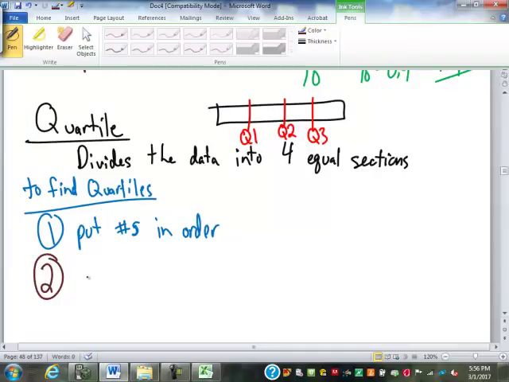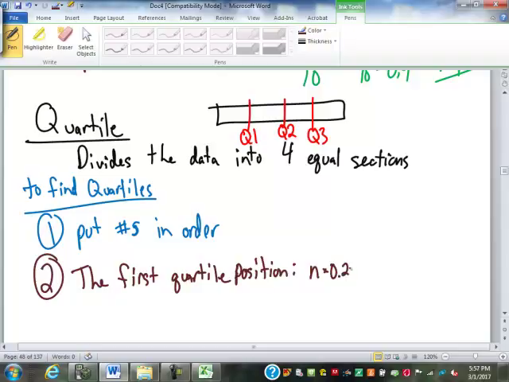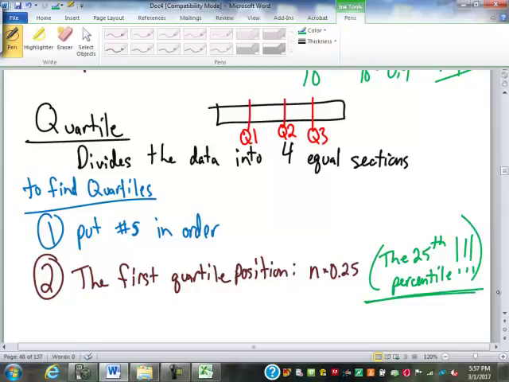Step 2, the first quartile position is n times 1/4 or 0.25. In other words, the first quartile is the 25th percentile.